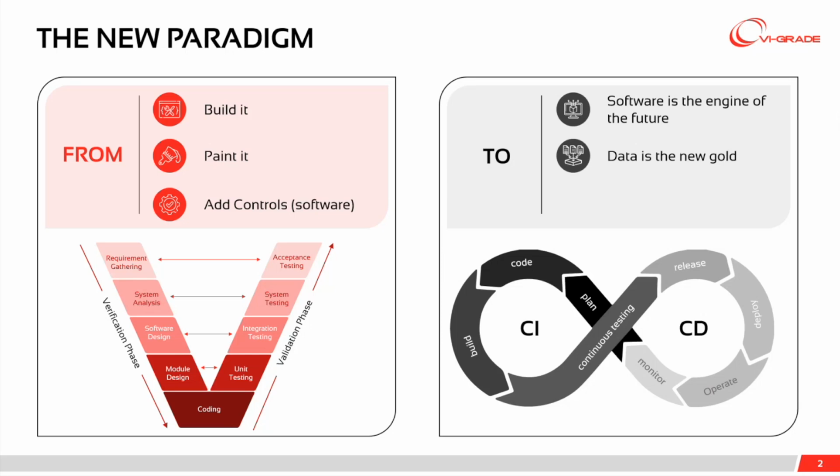We're moving from the good old V diagram, which I think we have seen thousands of times, to an agile development process where we want to do continuous integration of new software and continuous deployment.